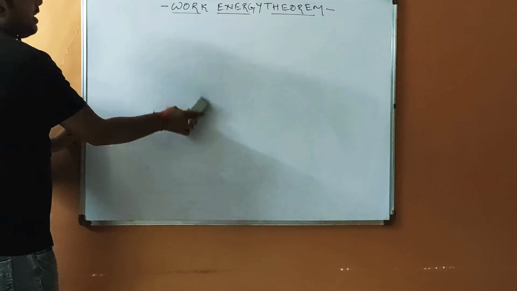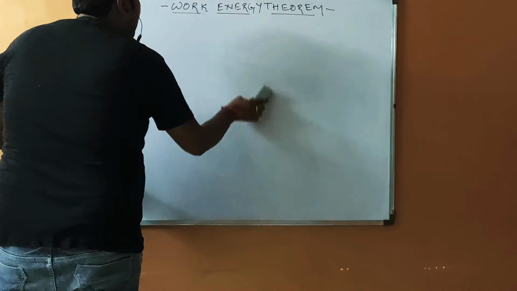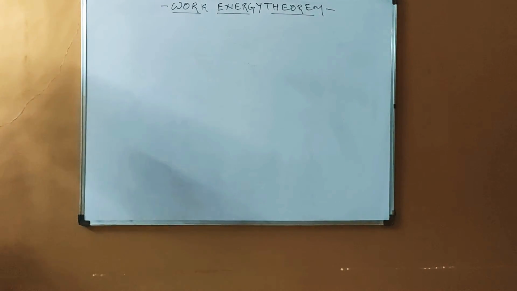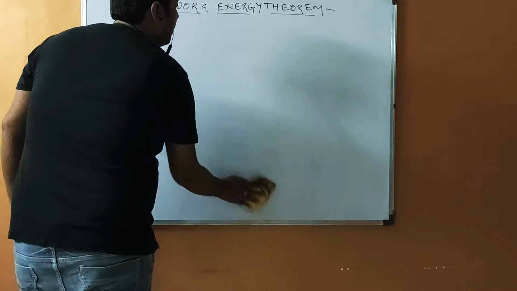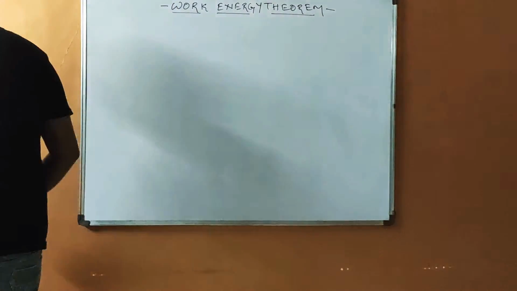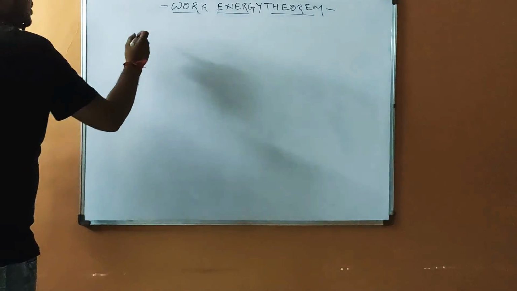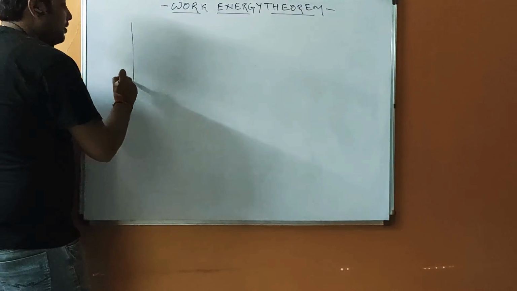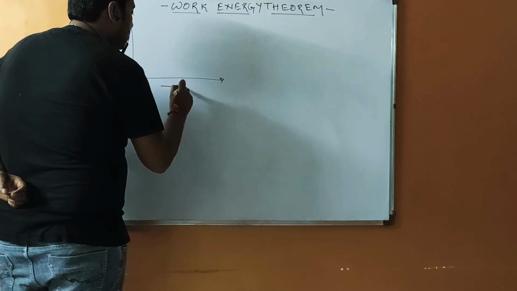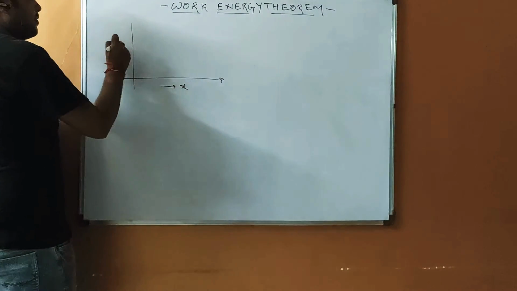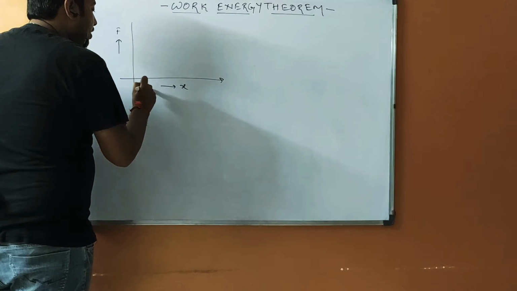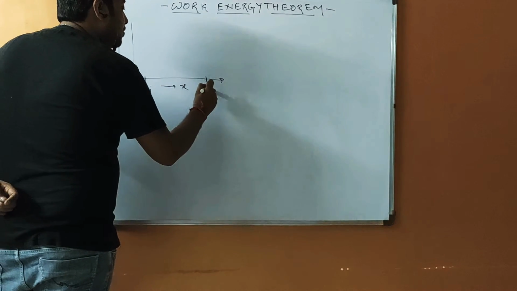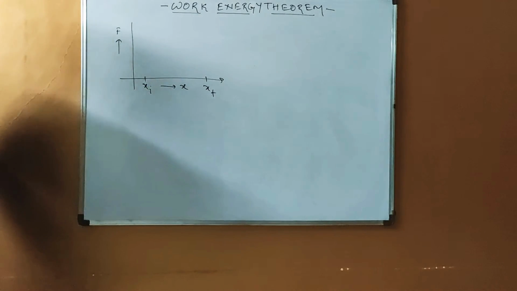Variable force, what does variable force mean? Variable force means that the force is varying with the displacement of the body. It does not remain constant. First I am drawing the graph. Suppose this is x, displacement of the body, and this is force. This was the initial position xi, and this was the final position xf.